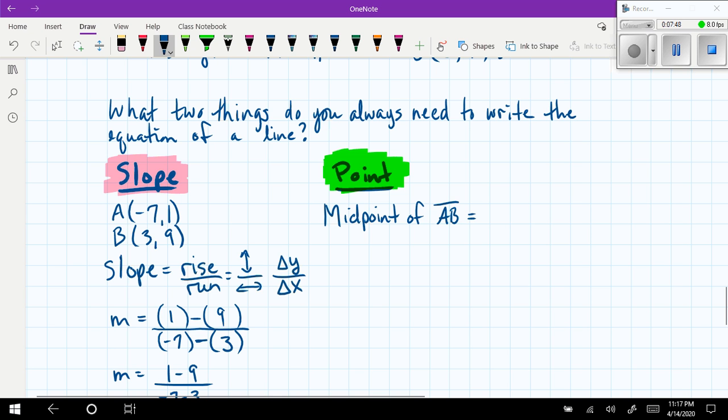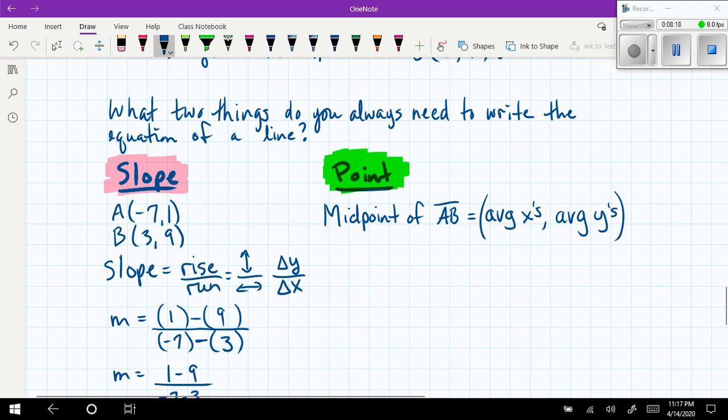The midpoint of AB is nothing more than, and this is pretty simple, the average of the x's, comma, average of the y's. I want to find the point that's smack dab in the middle between A and B, because the point that's exactly in the middle of two other points is called the midpoint, and that midpoint bisects the segment AB because it creates two smaller segments that are equal in length.